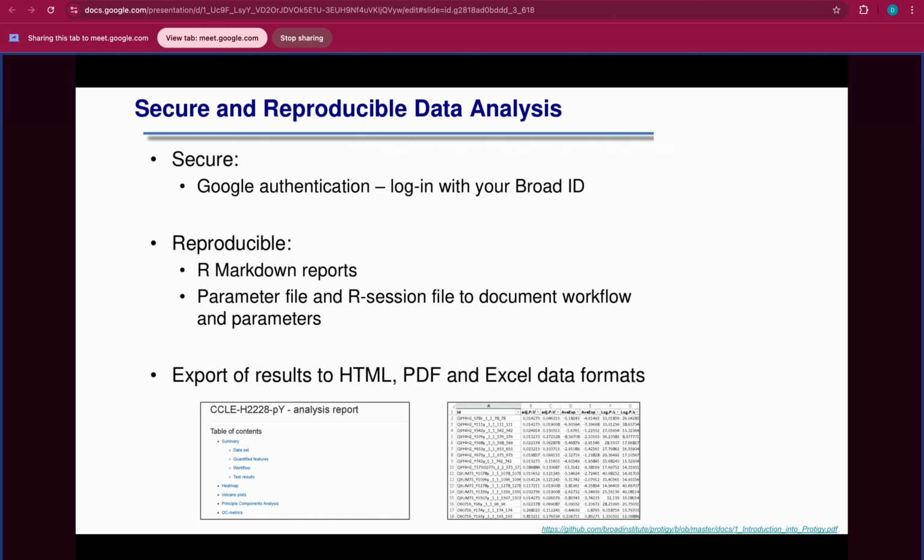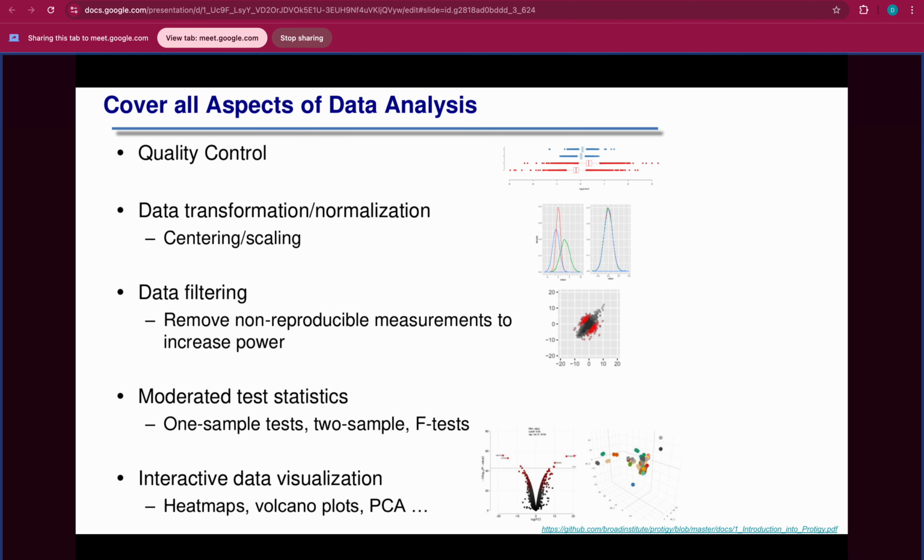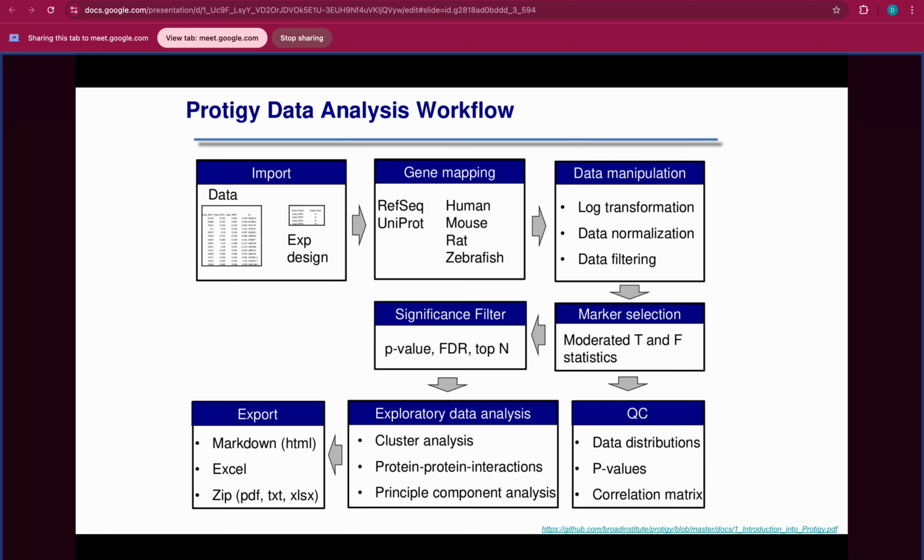As for data analysis, it can do quality control, it can transform or normalize your data, it can filter the data, you can perform different test statistics, and you can also visualize your data, such as volcano plots or PCA. So this is the stepwise workflow of ProTIGY.